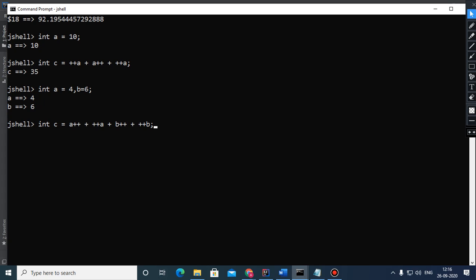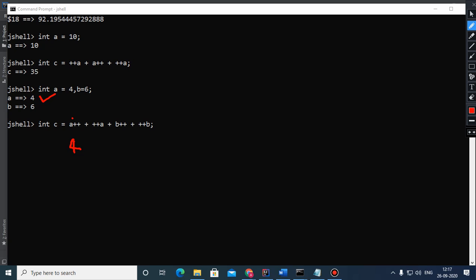Please try to solve the answer here. See how it is coming. What is the initial value of a? I am asking, what is the initial value of a? So you will be using 4.